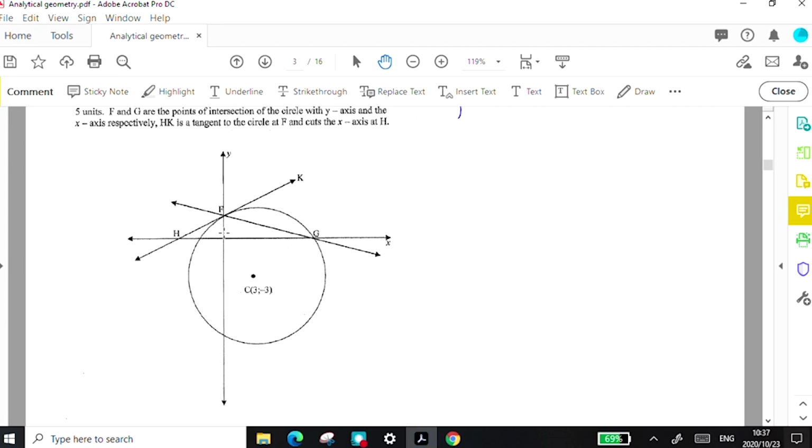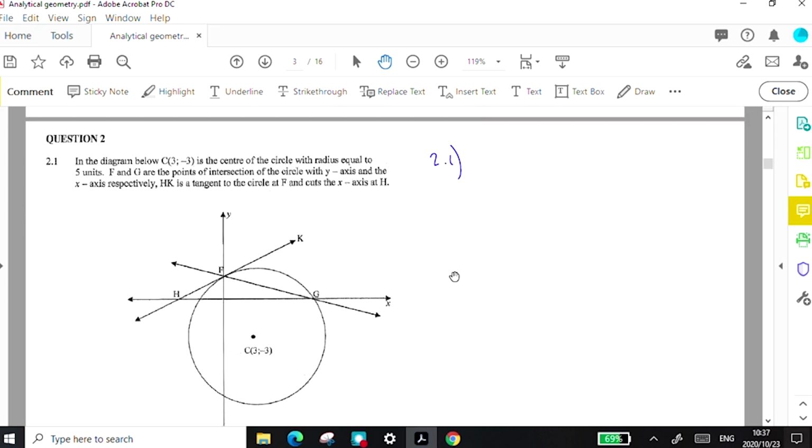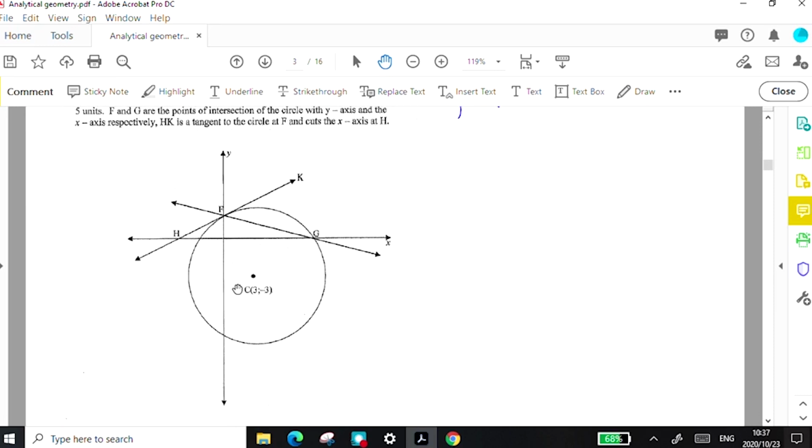So from that equation, we have x, which is shifted 3 units to the right.